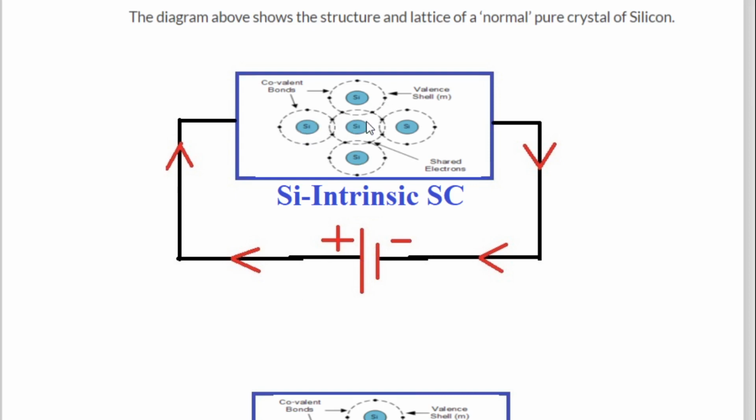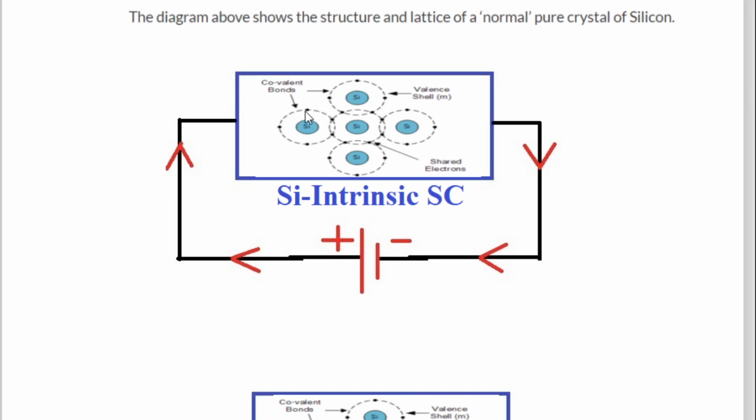When the bonds are broken, the electrons in the outermost shell, that is called the valence shell, are knocked out. Therefore it is said that this electric energy, that is the voltage, is a must, and some part of this electric energy or voltage is wasted in breaking the covalent bond.